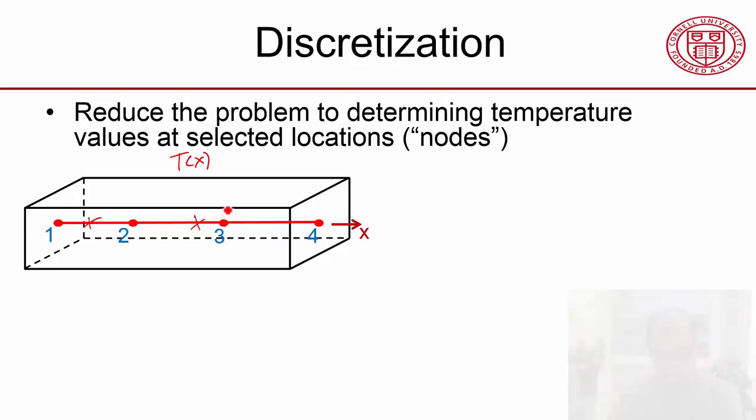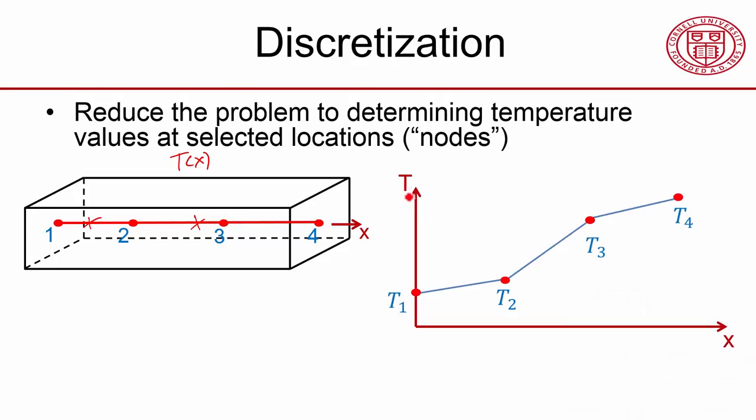Which means that if I plot the temperature versus x, and these are my 4 values, then in between, it's just a linear interpolation. I don't know these values yet, but I know the shape. The shape is going to be that. So I've reduced the problem to determining temperature at 4 points.